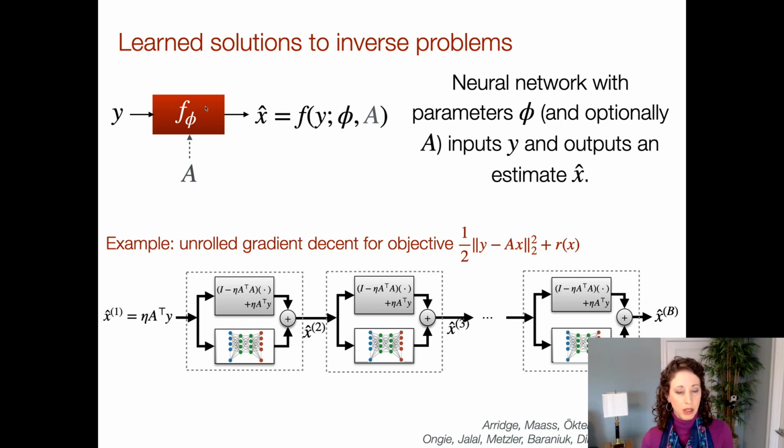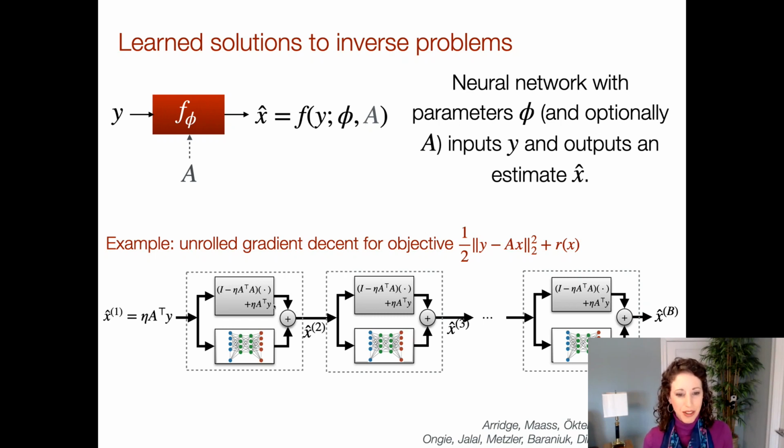This reconstruction function might depend on my forward model A, and it's also got some learned parameters like learned weights in my neural network that I denote by phi. So I can always think about my estimate x hat as being a function of my data and my neural network parameters and potentially my forward model A.